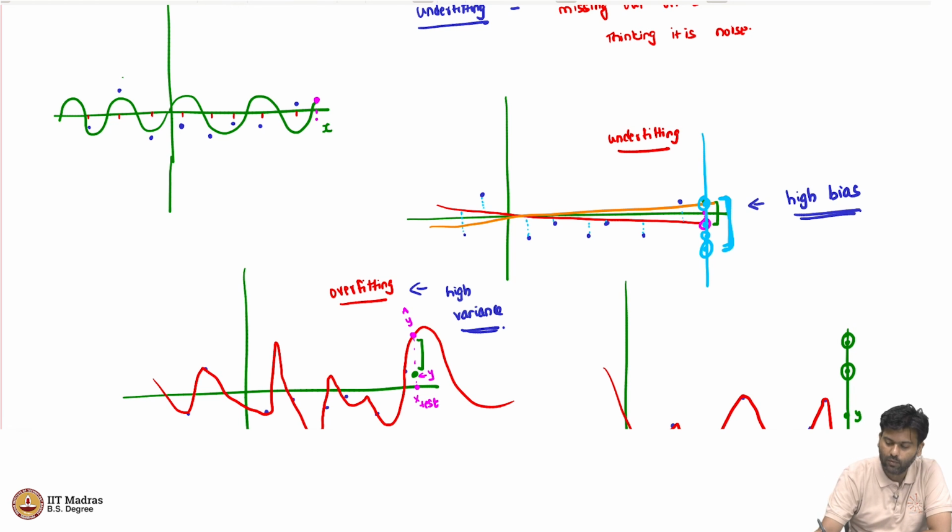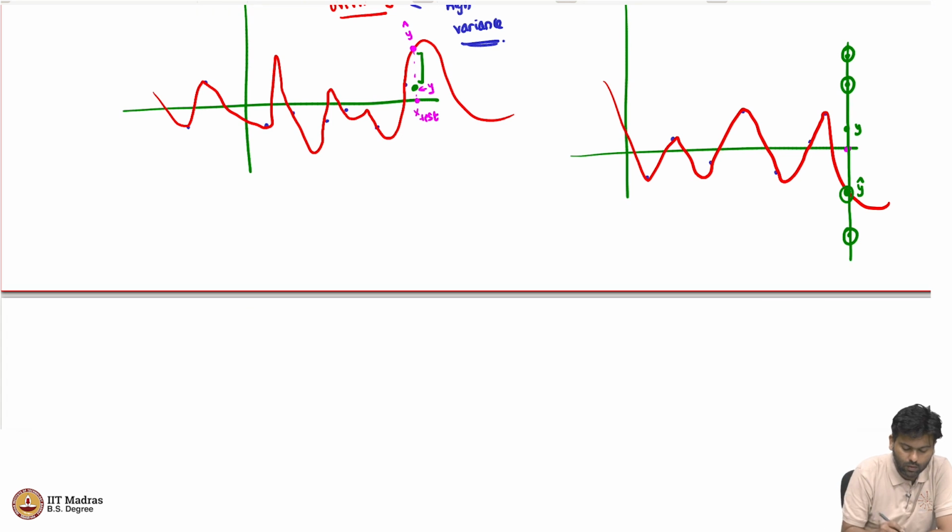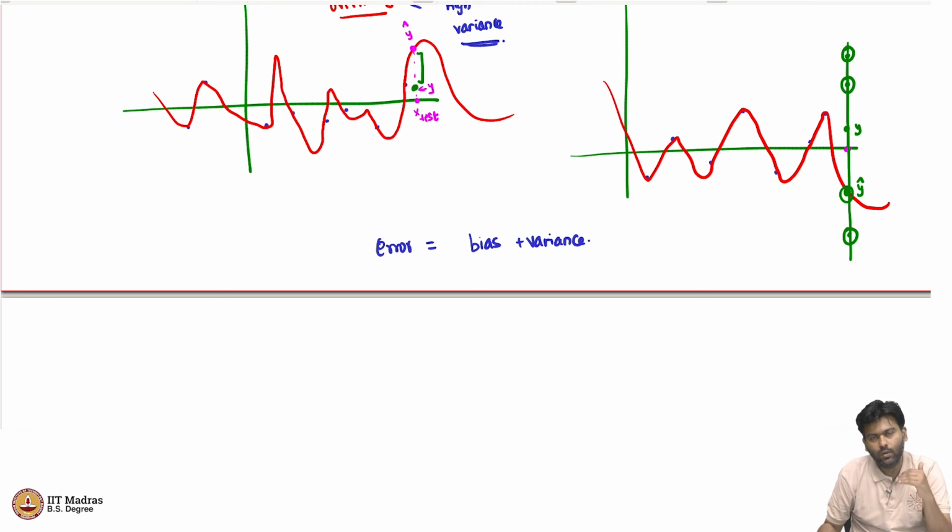Your error, without defining it formally, will always be a mix of bias and variance. As you start with very less complicated classifiers, you will suffer a large error due to high bias. As you increase the complexity of your classifiers, your bias will go down, but your variance will increase.